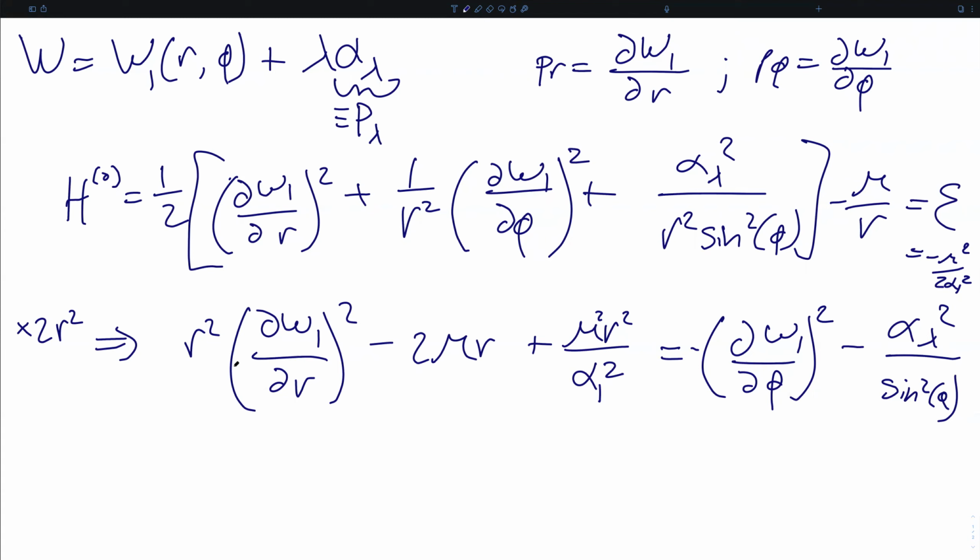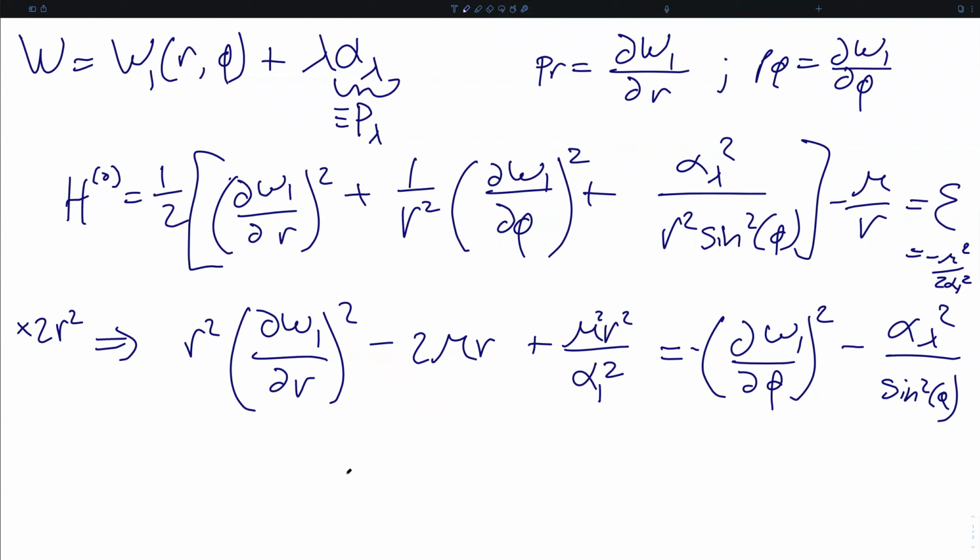And we have r squared times partial W1 with respect to r squared minus 2 mu r plus mu squared r squared over alpha 1 squared. So that's this term and these two terms is equal to negative the partial of W1 with respect to phi squared minus alpha lambda squared over sine squared phi, which is this term and this term.